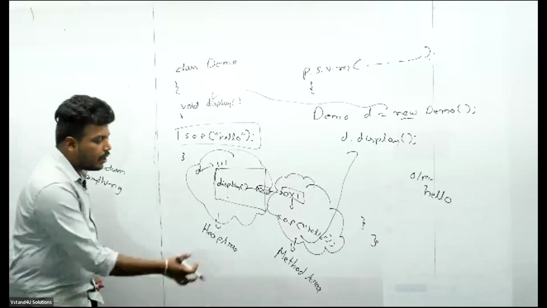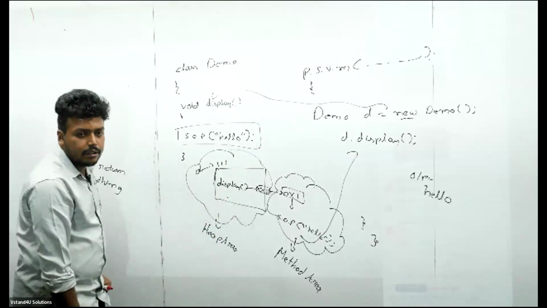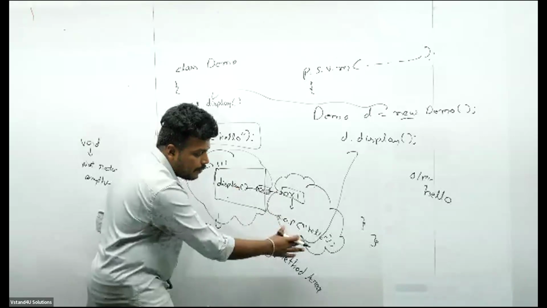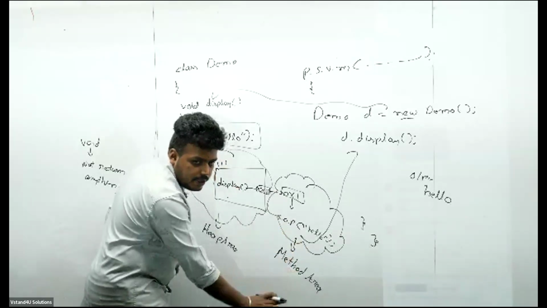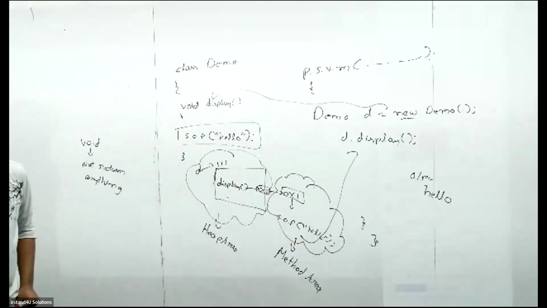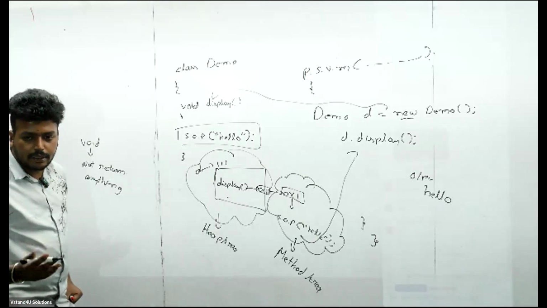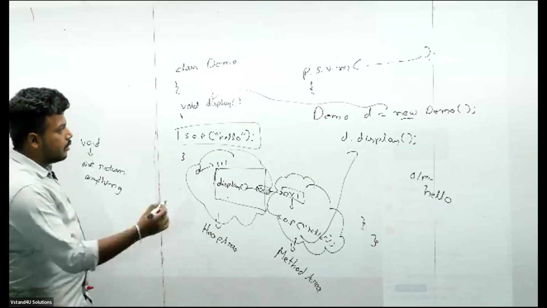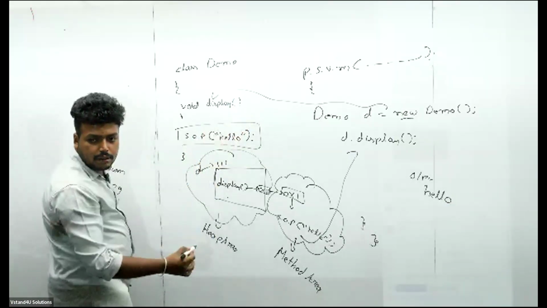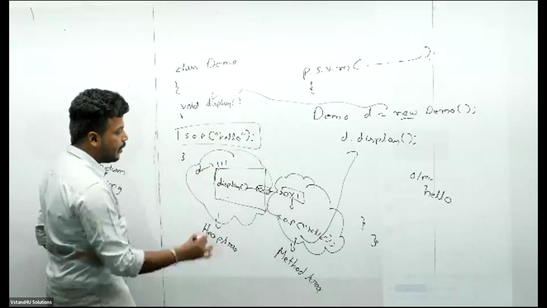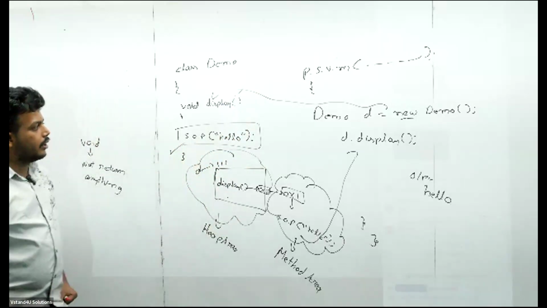Understood? We are just making use of display. That's it. But the implementation part, everything will be stored in the method area. So what is the first way? Method without arguments, without return type.